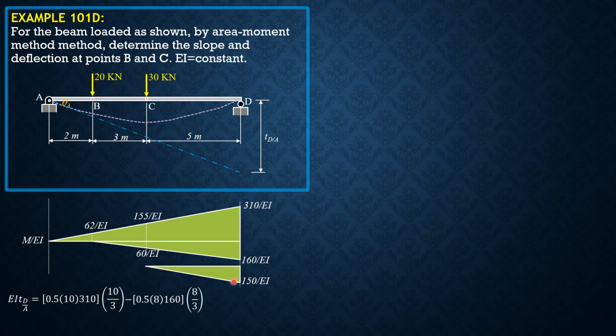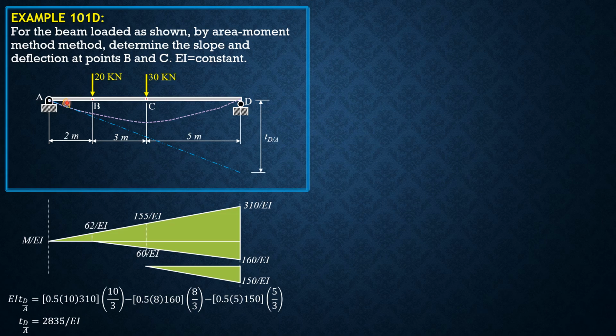Then minus this area, 0.5 of 5 times 150 times 5/3. Computing the deviation of D relative to the tangent at A using your calculator, it is equal to 2835 over EI. Therefore, we can now compute theta A.